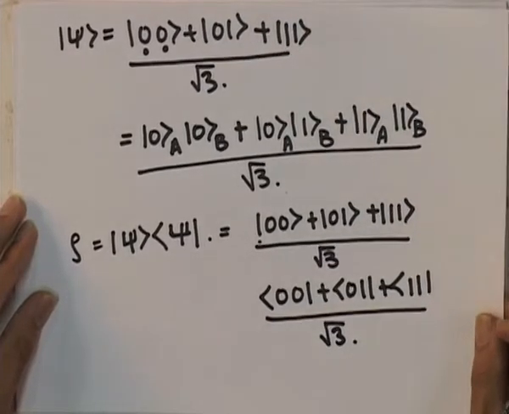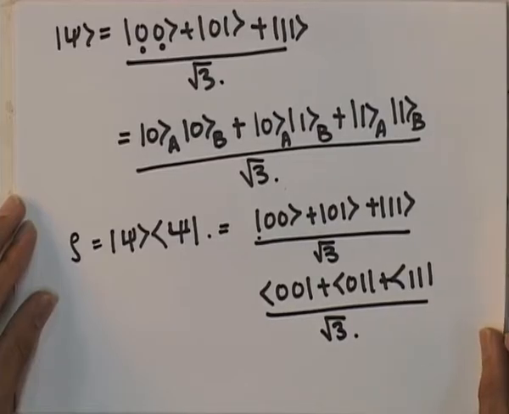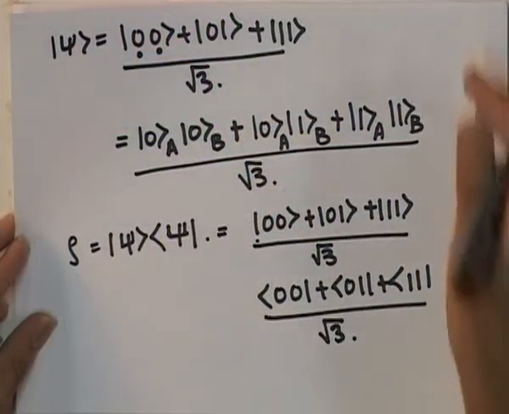Now what we need is the reduced density matrix for Alice. A reduced density matrix for one qubit is the same as the trace of the density matrix with respect to the second bit. Hence, what we need to find out is this.